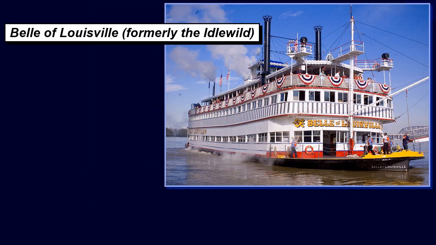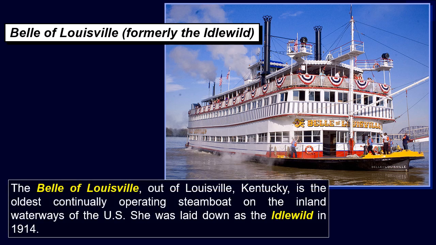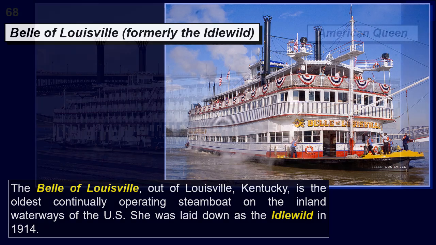The Belle of Louisville, out of Louisville, Kentucky, is the oldest continually operating steamboat on the inland waterways of the United States. She was laid down as the Idlewild in 1914.